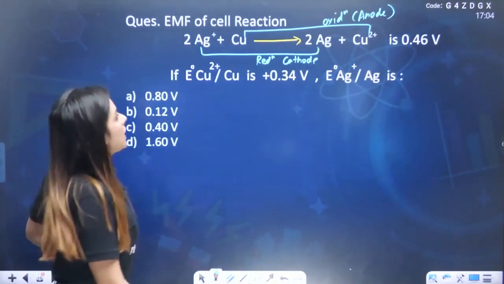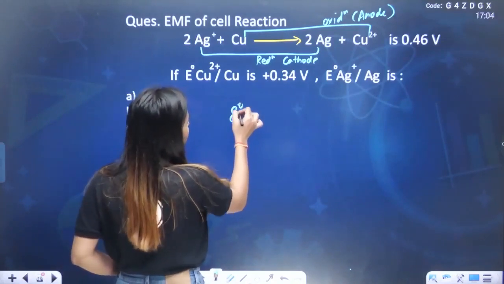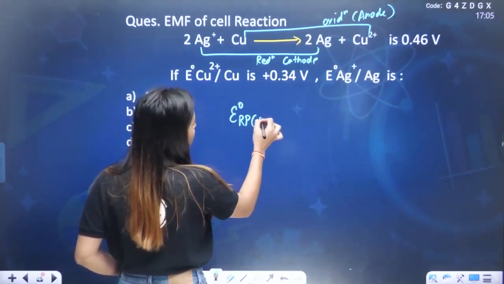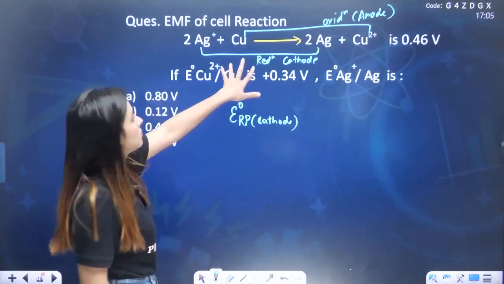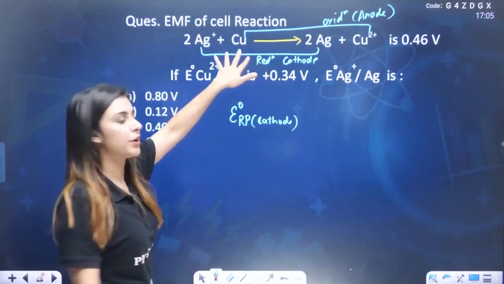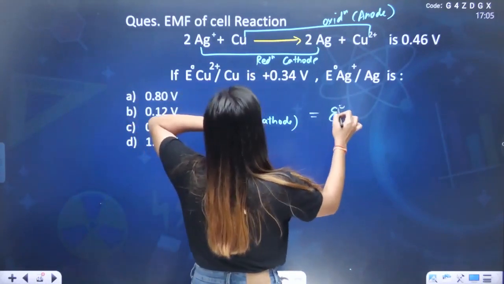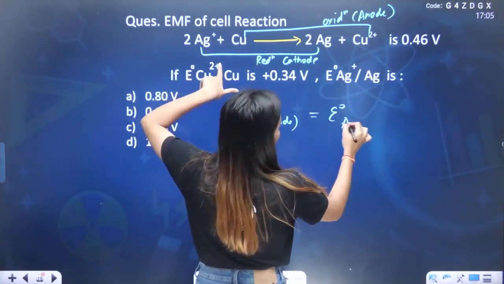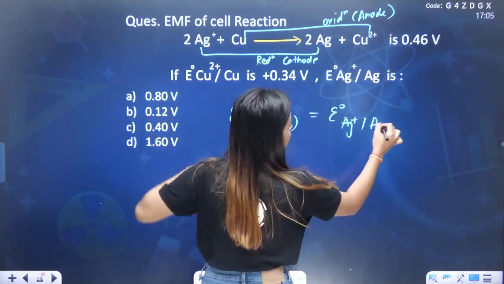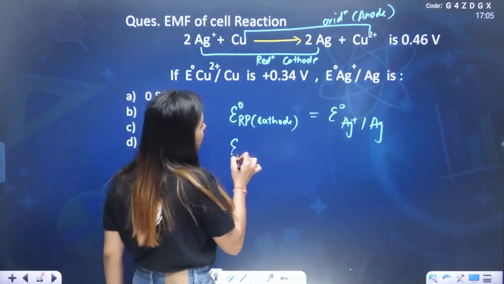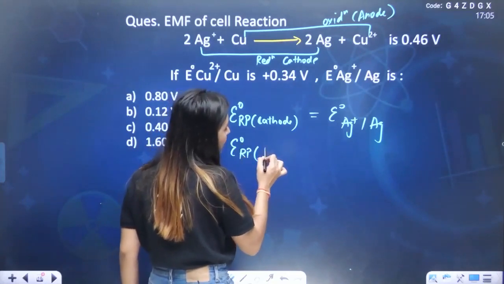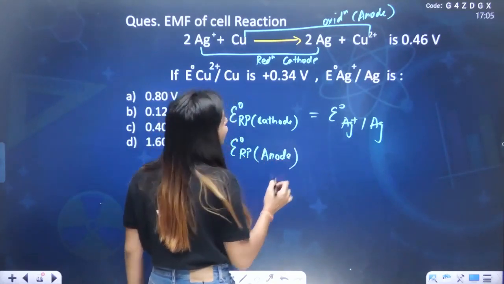Okay, yes. If I talk about the E0 reduction potential of the cathode, what will it be? What is the cathode? This particular part, and you need the reduction potential. So you need E0 of Ag plus to Ag, because this actually gives the direction of reduction potential. If you talk about the E0 reduction potential of the anode, what is your anode?